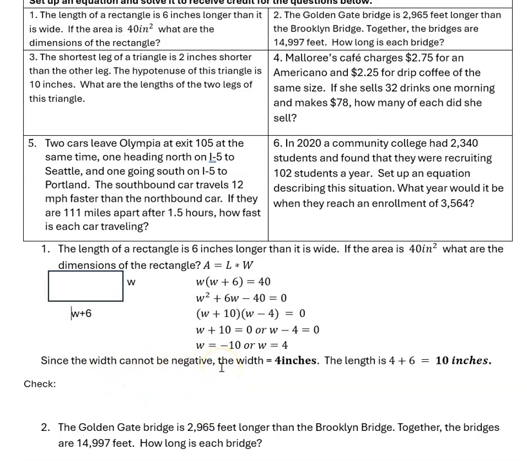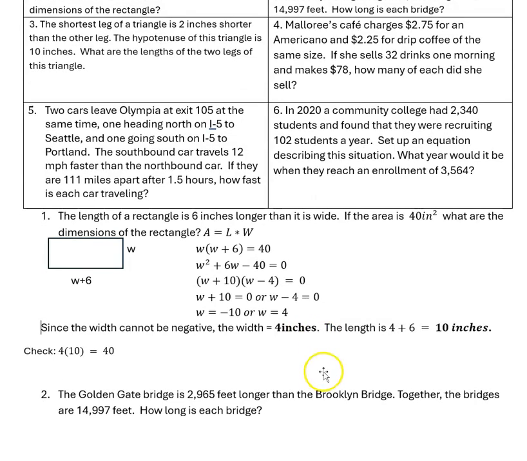So since the width can't be negative, it has to be 4. You can't use the negative 10. Then if the width is 4, 4 plus 6 gives us 10. And you can check that very quickly: do the 2 dimensions that I found, are they 6 apart, which they are, and do they multiply to equal 40? And they do. Okay, that's type number 1.